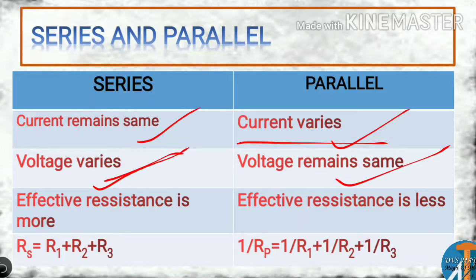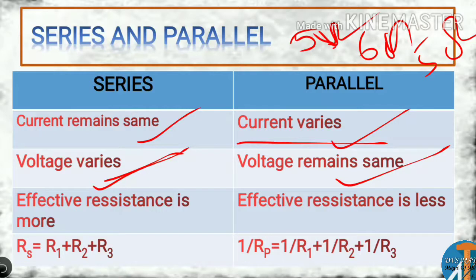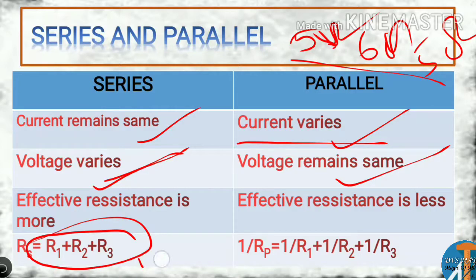For example, if I consider 5 ohm, 6 ohm and 5 ohm as three resistors, and we add all together, 5 plus 6 is 11, 11 plus 5 is 16. So if we add all the resistors, the effective resistance will be more. Here Rs is what we call the effective resistance in series. What is the formula if it is connected in series? R1 plus R2 plus R3.